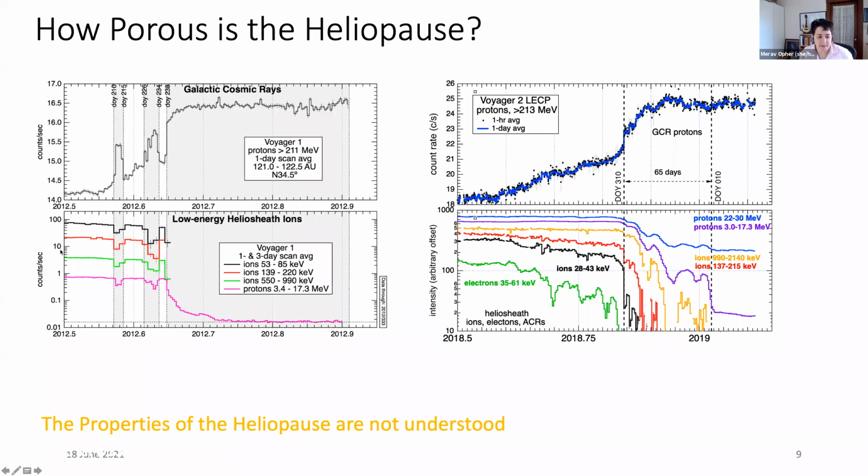Those are different intensities measured at Voyager 1 in time. Voyager 1, in September of 2012, starts seeing some dips in the intensity in all energies. Then it came back to the same level as before. A couple of months later, another dip in all channels.